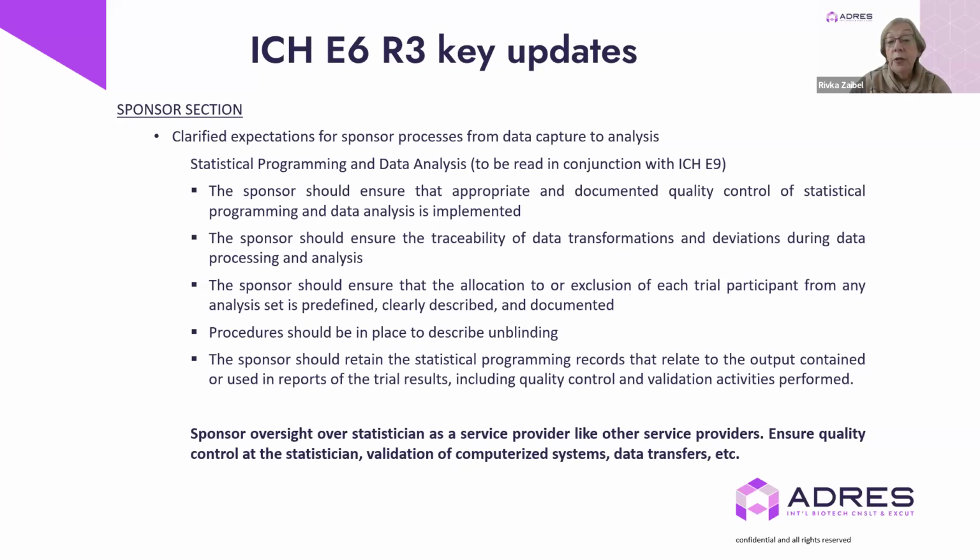The sponsor should ensure the traceability of data transformations and deviations during data processing and analysis. The sponsor should ensure that the allocation to or exclusion of each trial participant from any analysis set is predefined, clearly described, and documented.